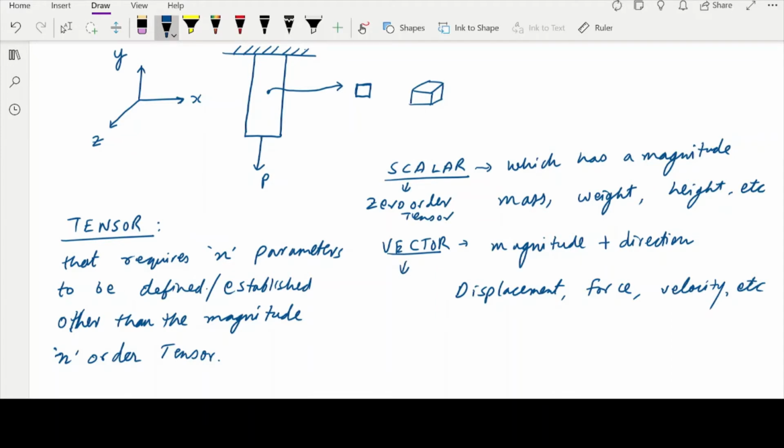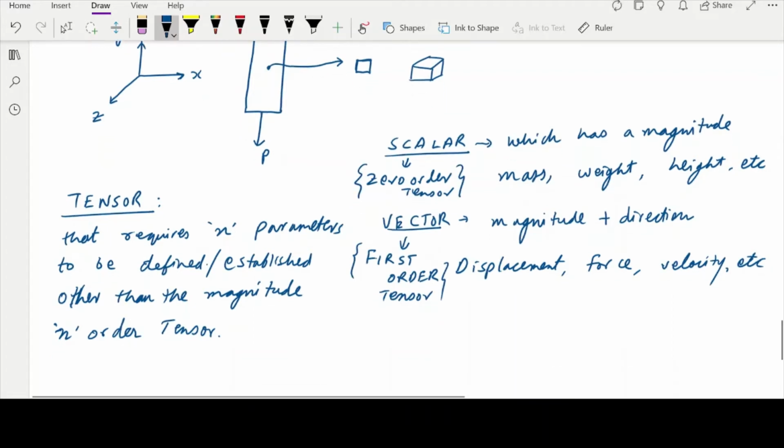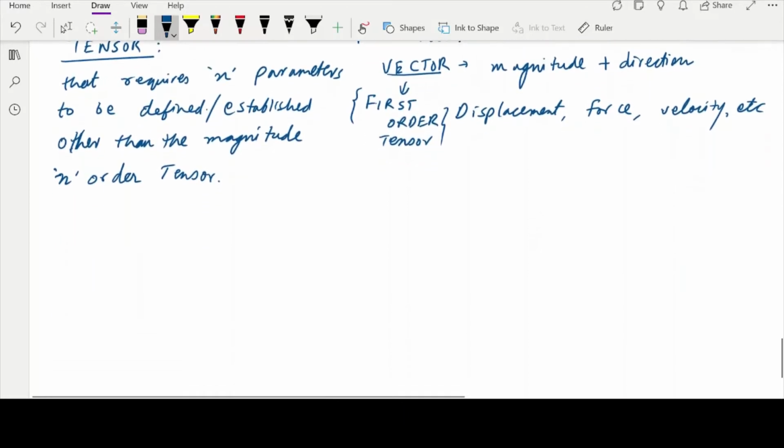Displacement, 50 meters towards north. Force, 50 newtons push, 50 newtons pull. So a vector is a first order tensor. All right, so now you have a grasp of what a tensor is. Now we can move ahead and look at how this can be applied to a stress.